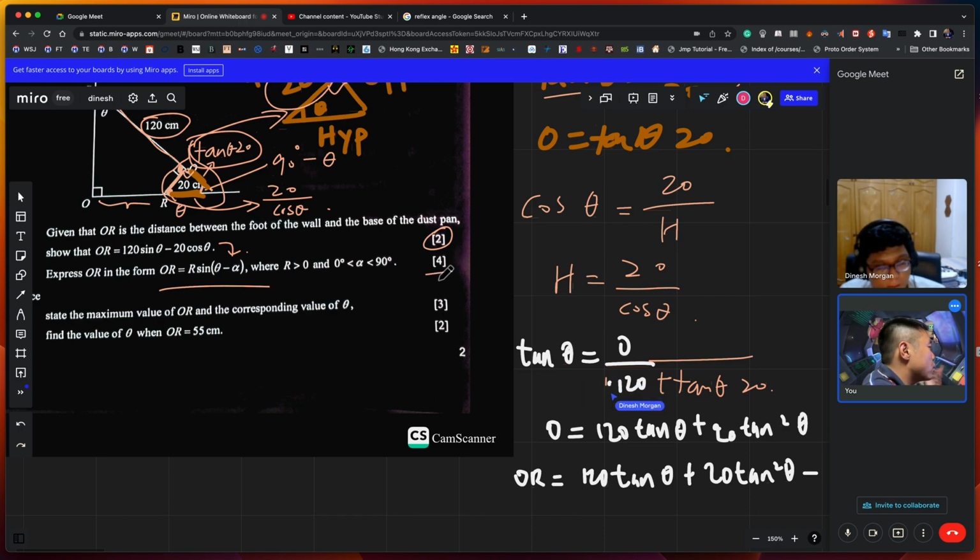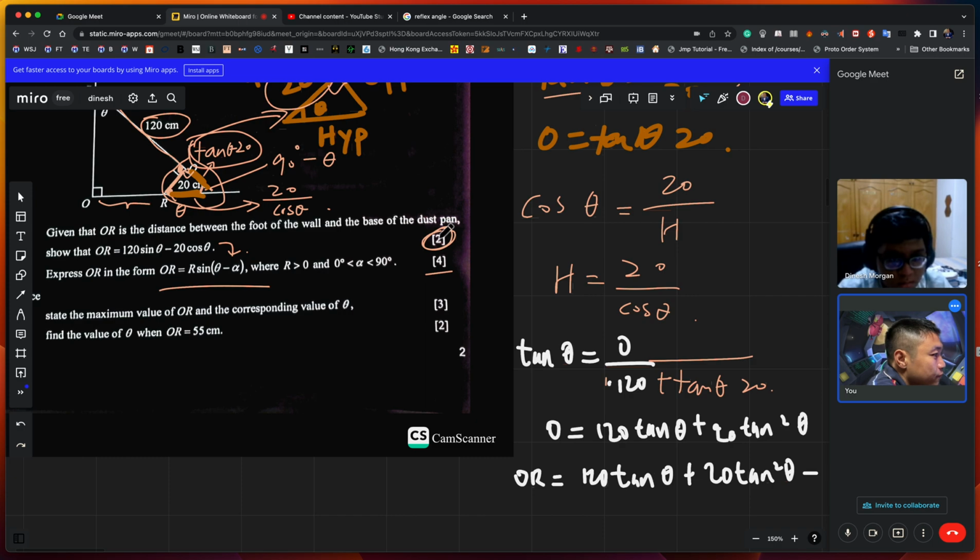When you have the time, then you come back and try to figure out these 2 marks. Of course I want you to be able to solve all questions, but exam smart is much more important than just doing it from 1 to 10.